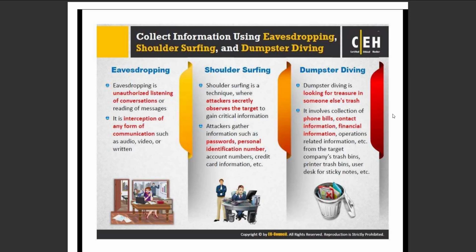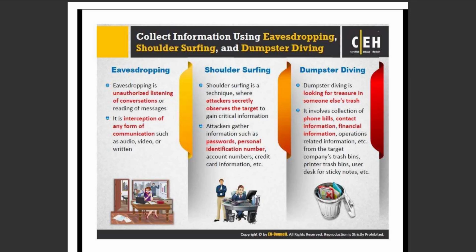Well, shoulder surfing. Shoulder surfing is a technique where you, as an attacker, secretly observe the person in front of you to gain critical information. So let's say, like this one, this is on the desk, this is the attacker. So here you are looking at his computer and checking everything that he is typing, and maybe using photos as well.